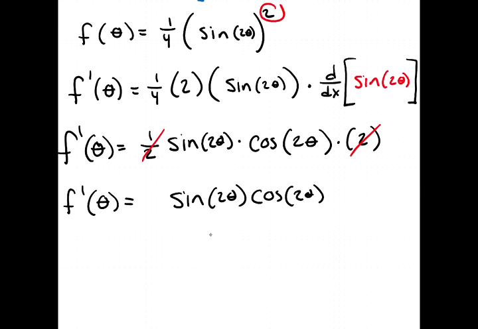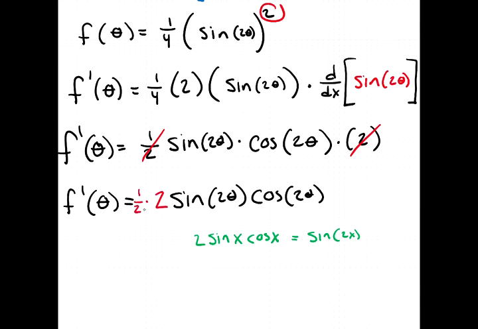So the double angle formula says 2 times sine x cosine x is equal to the sine of 2x. So we need a 2 out front, and to balance that off, we need a 1/2.